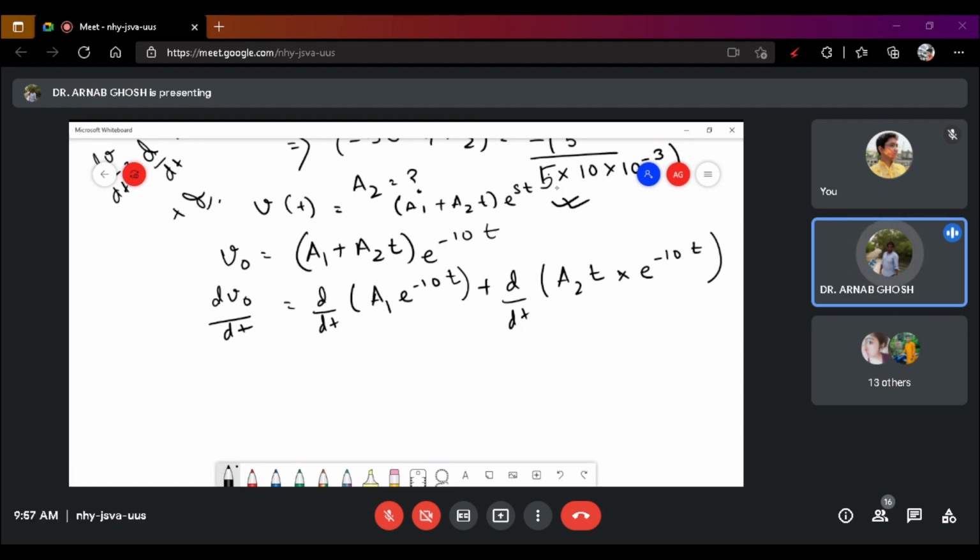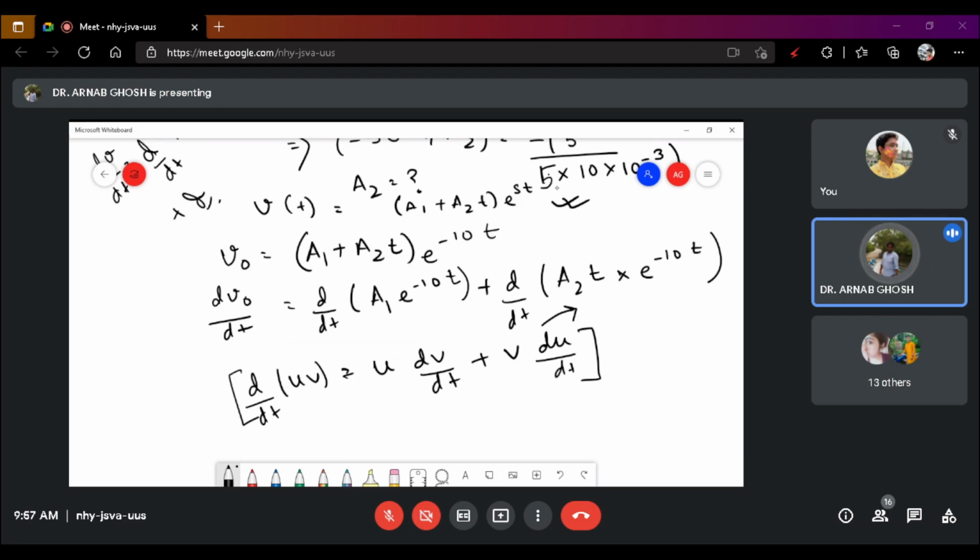You remember the formula of d by dt of uv, this was u dv by dt plus v du by dt. So we will apply this because you have two expressions of t here.